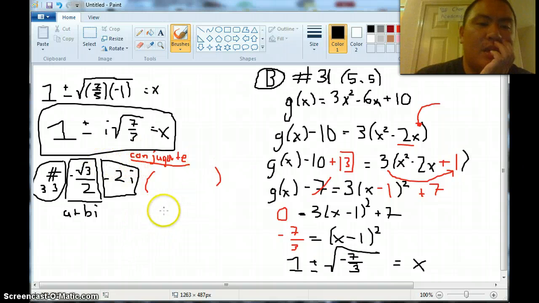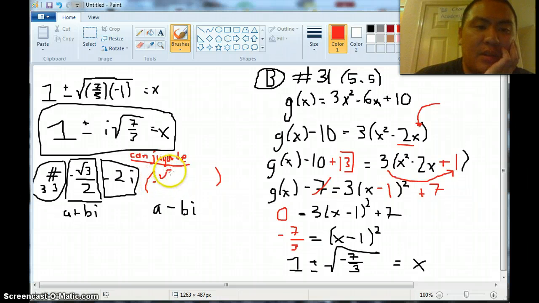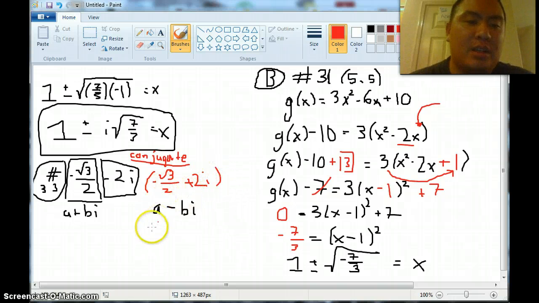So we always write a minus bi as a conjugate, and the reason for that is you'll get the difference of squares when you multiply, and the i's will cancel out. So the square root of 3 over 2 minus, now it becomes plus 2i. And we'll talk about that more next class. I just want you guys to be able to find the conjugate. So the main difference is just change this plus to a minus. Okay, so instead of minus 2i, plus 2i. We'll talk about what happens next.